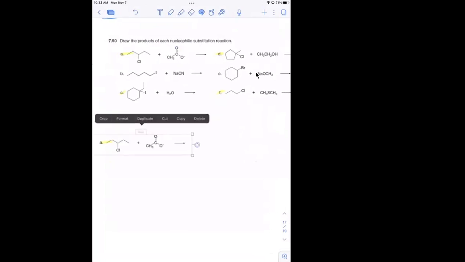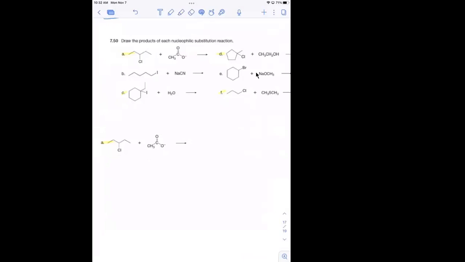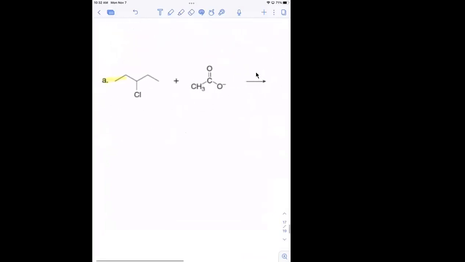All right, so let's do A. Right, what would the product be from that? So what we need to do is identify substrate, nucleophile, and let's say that this is done in ethanol.